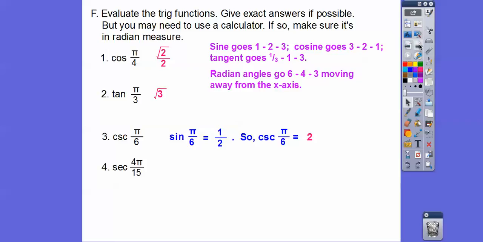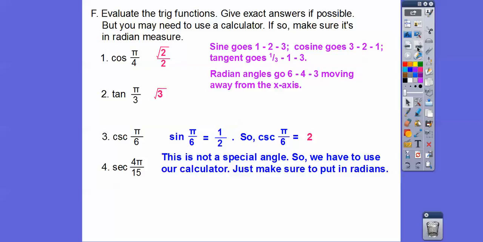Okay, how about this one? The secant of 4 pi over 15. This is not a special angle, so we have to use a calculator. Let's first find the cosine of 4 pi over 15. Make sure that you're in radians. It should say RAD, not DEG. DEG stands for degree, and you'll get the wrong answer if it's not in radians.